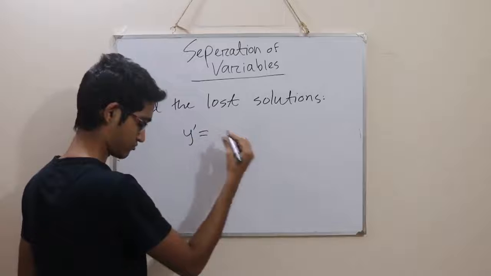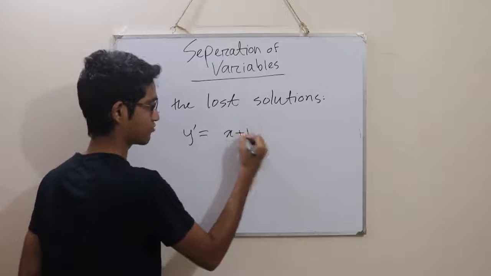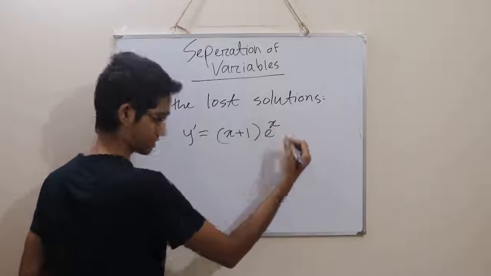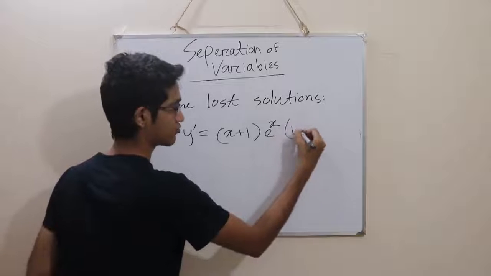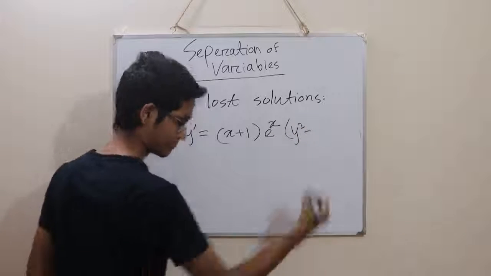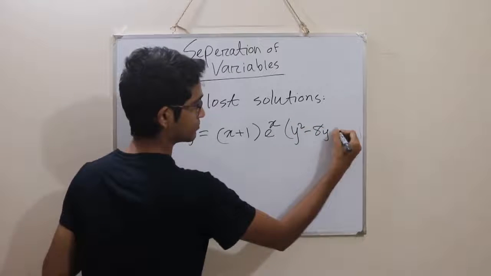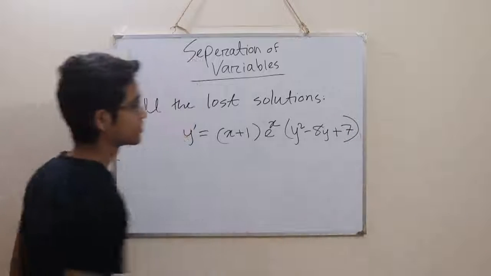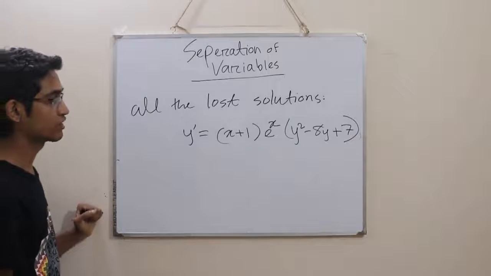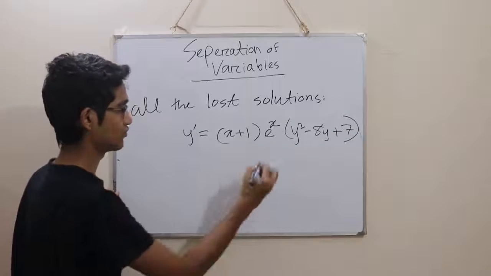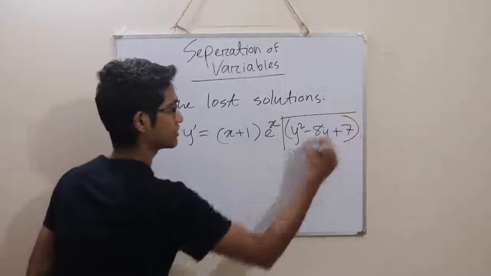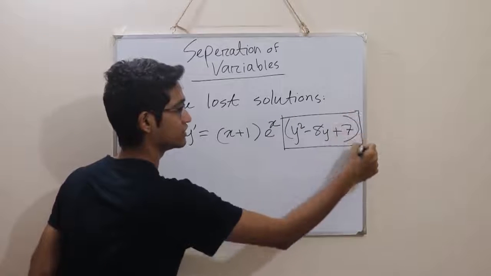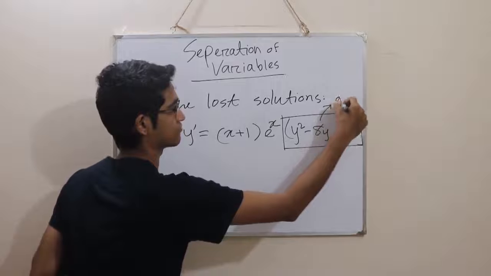y prime is equal to (x plus 1) times e to the power x times (y squared minus 8y plus 7). So here what we are trying to do is take this part, which is g of y for us.